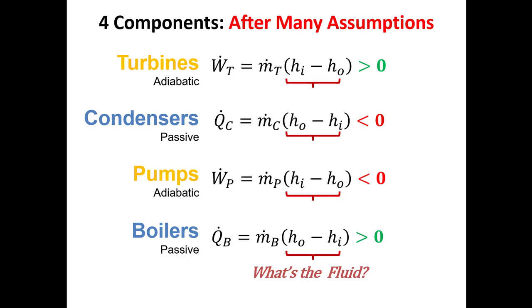And if we're looking at some kind of a heat exchanger or a process where we're doing some heat transfer, we're going to have m dot times h out minus h in. And then we have to ask ourselves what the fluid is, and for Rankine cycles, again, this is typically water, but it's certainly something where we have a phase change, or where we're crossing over the vapor dome.